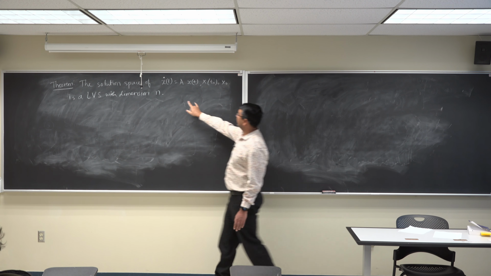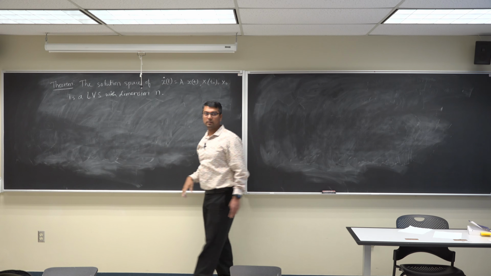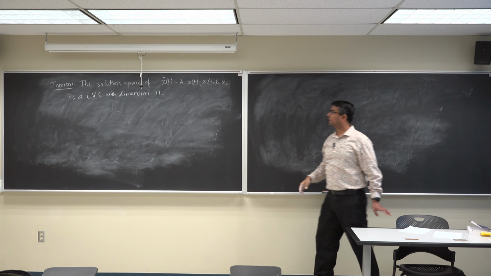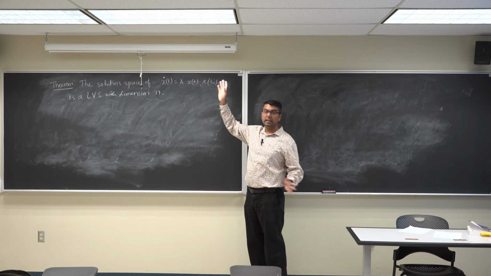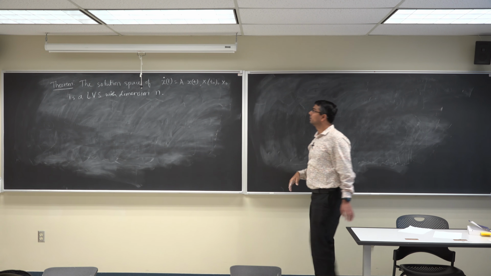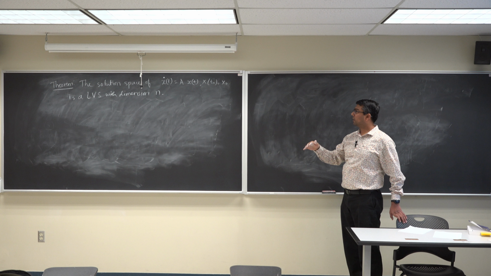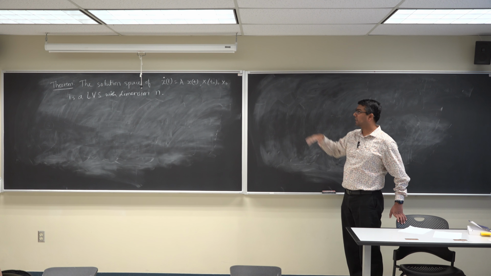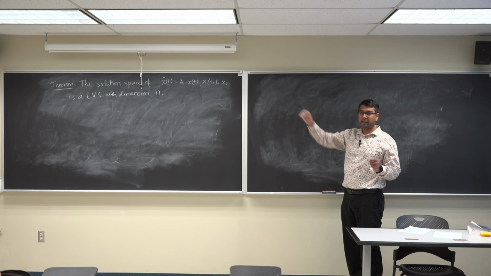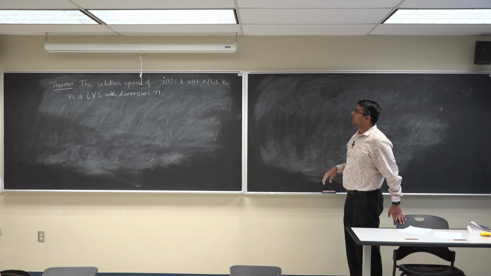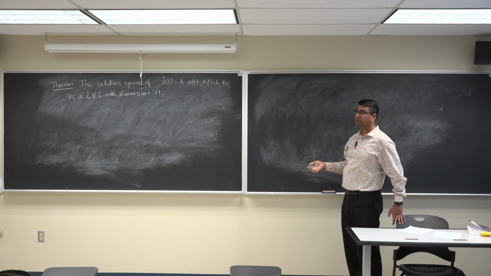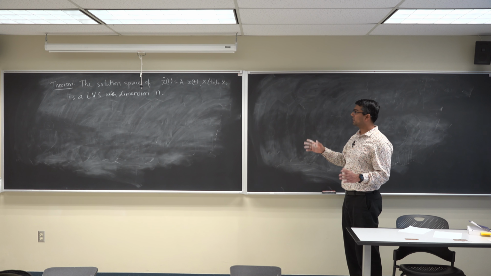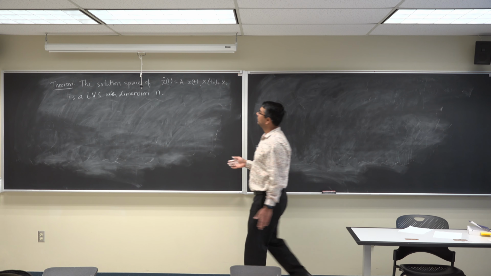So remember, I'm solving an ordinary differential equation, and x naught could be any initial condition. I can start from any initial condition and I'm going to get a trajectory. It turns out that the set of all trajectories that you can get has dimension n.